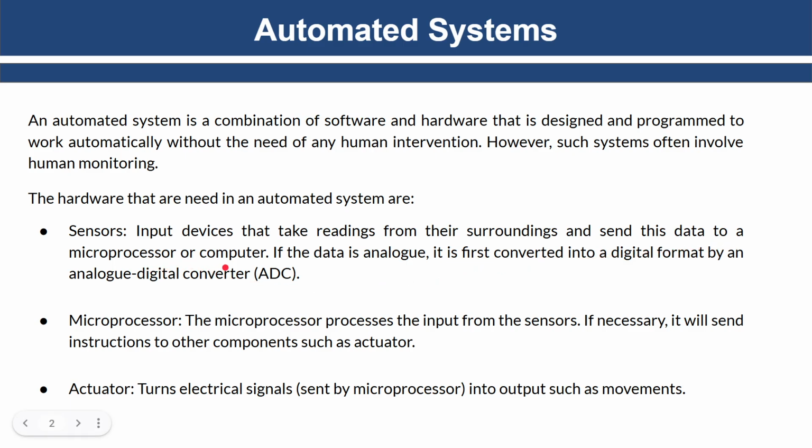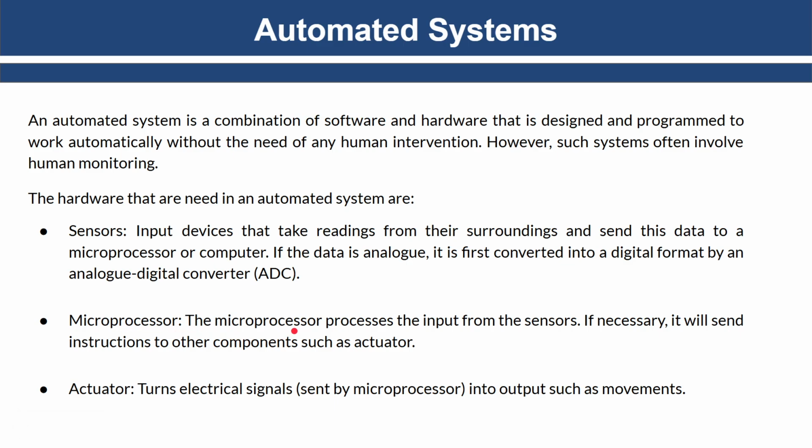So what the sensor does is it takes readings continuously at time intervals, and these readings are sent to the microprocessor for the microprocessor to process. Now, if the data is analog, then the data has to be converted to digital data because the microprocessor only understands digital data.